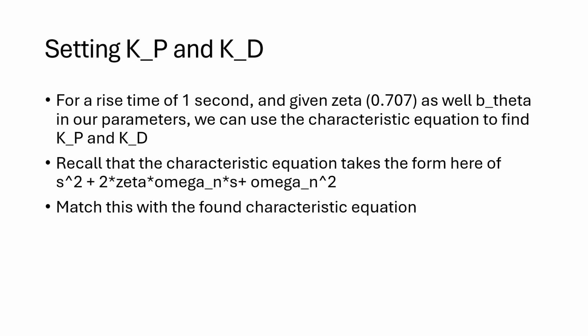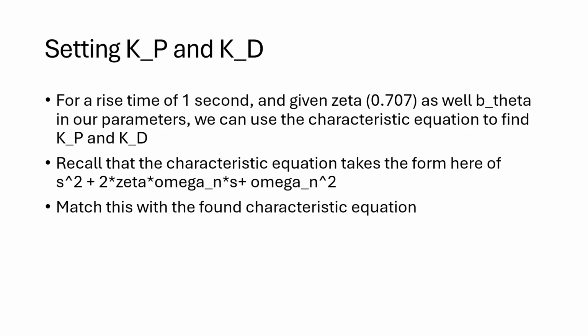So now, as we get to the topic of setting our Kp and Kd, we give you a rise time to start out with, as well as a zeta value, and we already know what b theta is. So we can use our characteristic equation and define Kp and Kd.